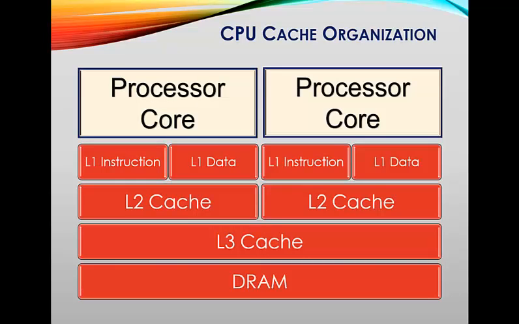Now, one of the problems with the von Neumann architecture is that when you have a program, each of the instructions in that program needs to go through that 4-stage process of being fetched, decoded, executed, and stored.